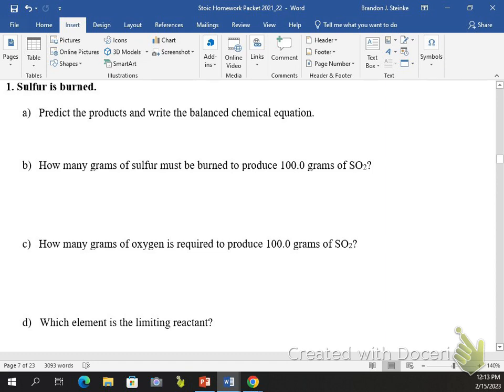Predict the products and write the balanced chemical equation. So, how many grams of sulfur is burned? Sulfur is burned. Well, sulfur is diatomic.